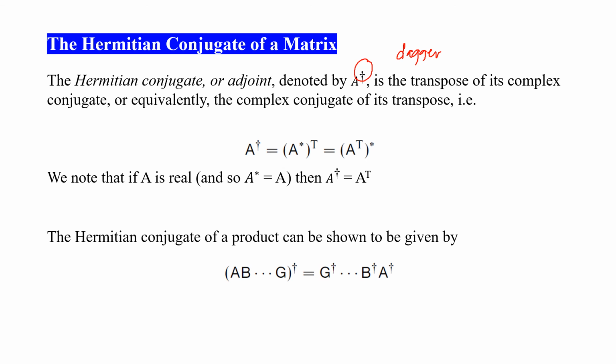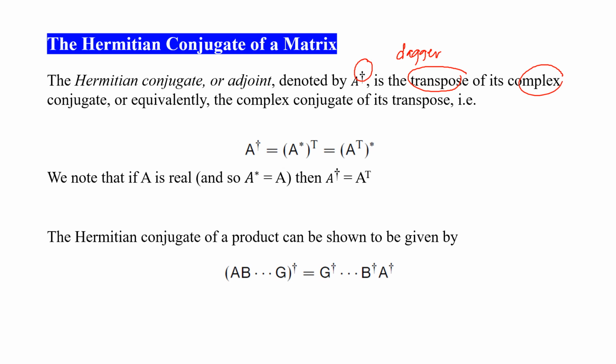So you have two keywords here: transpose and complex conjugate, or equivalently, the complex conjugate of its transpose. In order to get the Hermitian conjugate or the adjoint of your matrix, you transpose your matrix first, and then get the complex conjugate of the individual elements, or you can first get the complex conjugate of the individual elements, and then transpose your matrix.